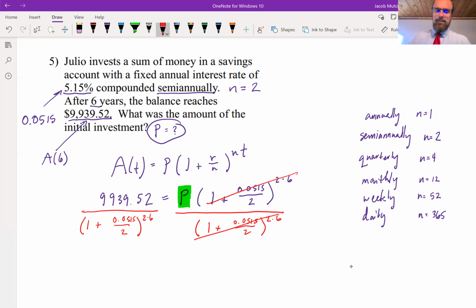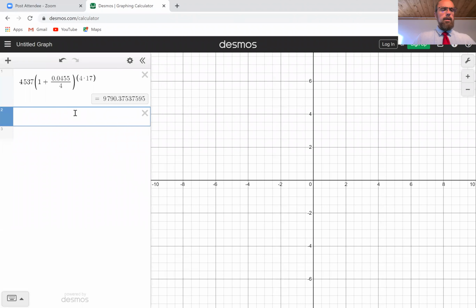So let's take this to Desmos and plug it in, get a value. And we'll type it in according to how we solved it in that last step.